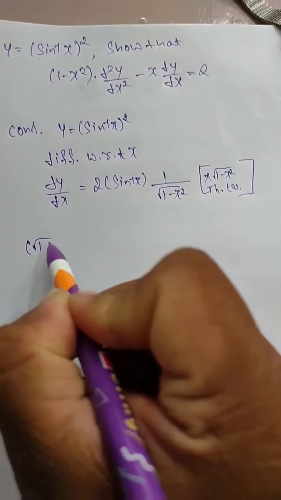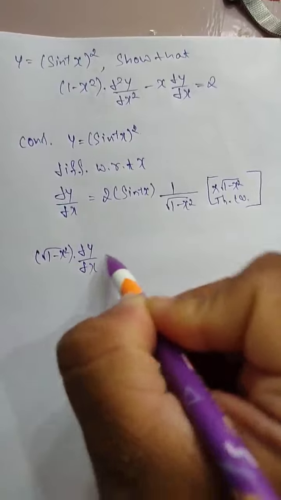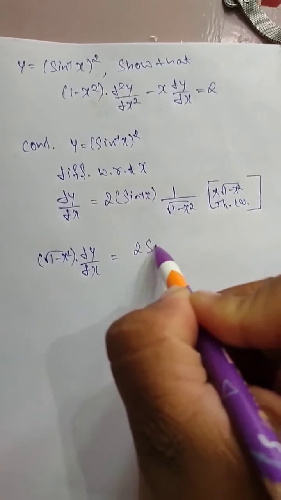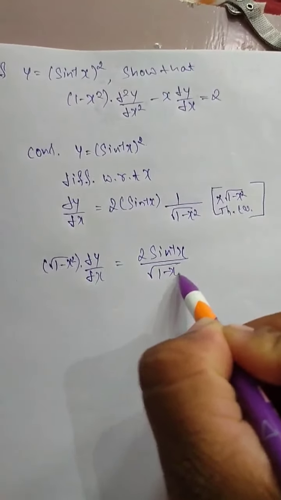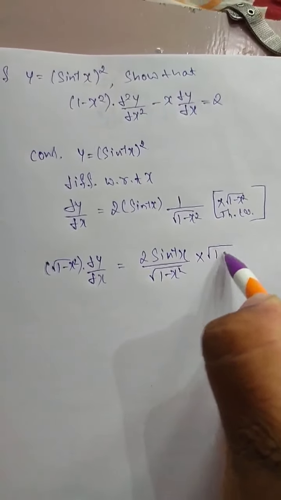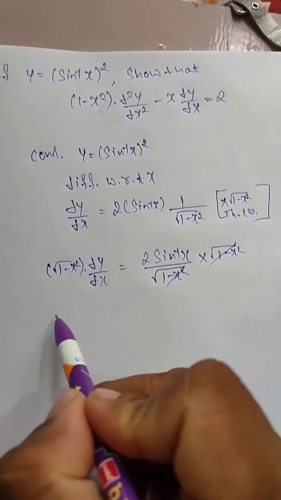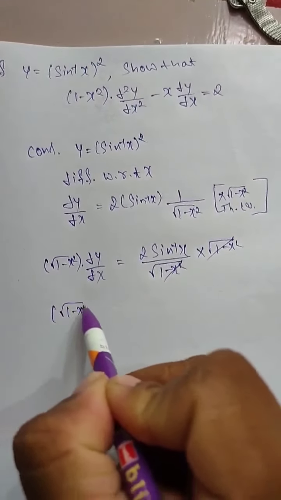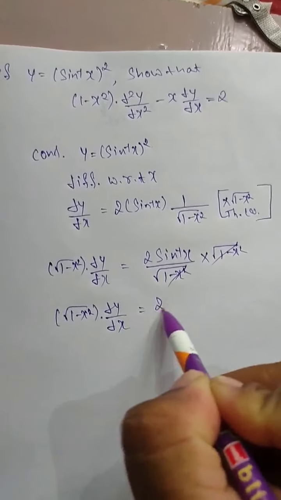Root of 1 minus x square into dy by dx is equal to 2 sin inverse x by root of 1 minus x square into root of 1 minus x square. Now root of 1 minus x square cancels, so we are left with root of 1 minus x square into dy by dx is equal to 2 sin inverse x.